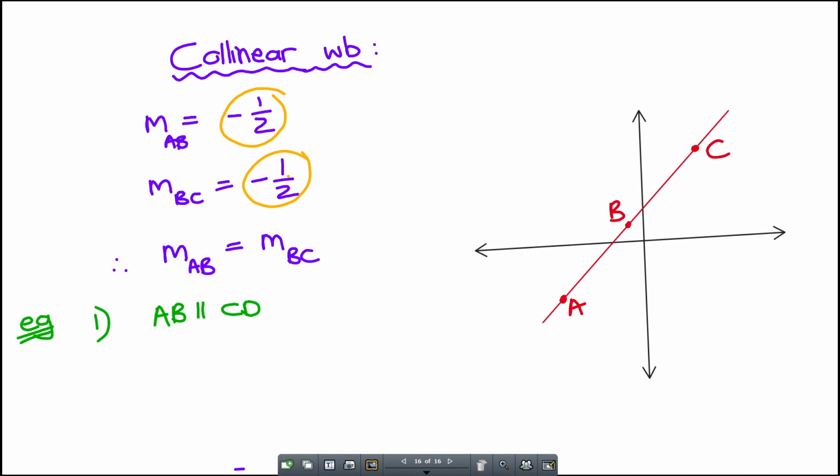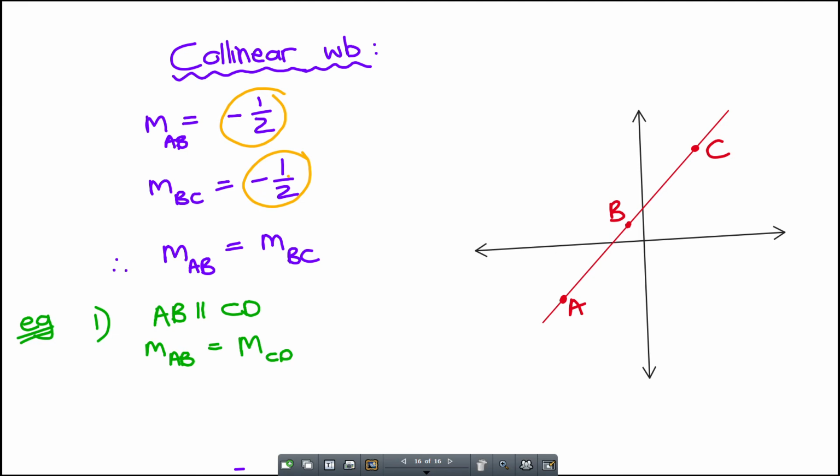Okay, now what do we know when two lines are parallel? Wat weet jy dan van hulle gradiënte? Gradiënte is dieselfde, nee. So jou eerste afleiding is, die gradiënt van AB is gelyk aan die gradiënt van CD.